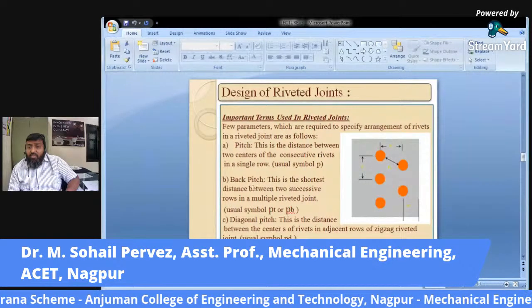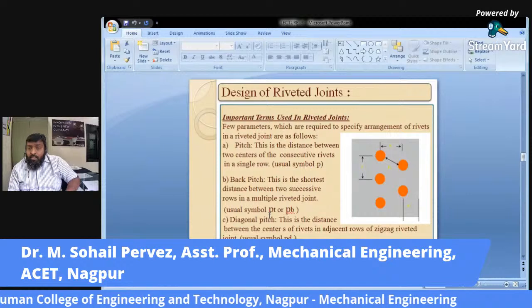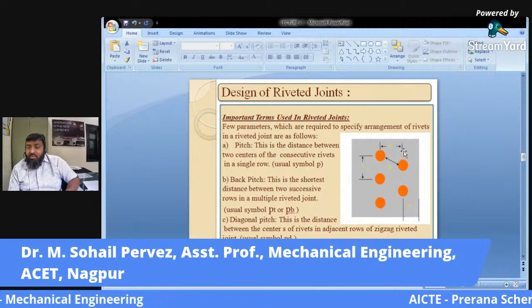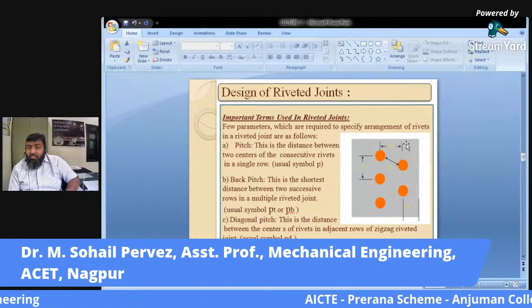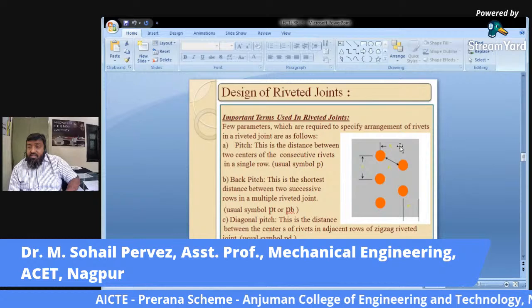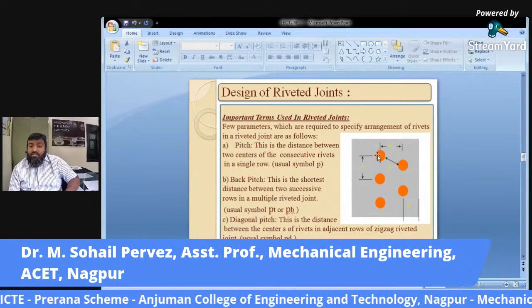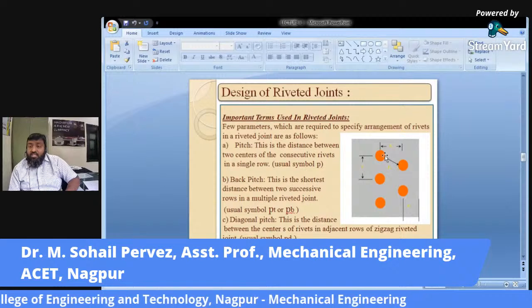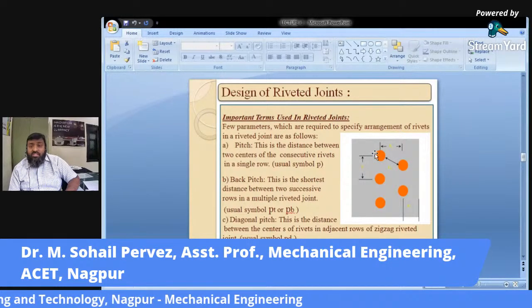Next is back pitch. Back pitch is the shortest distance between two successive rows, that's why PB. So PB is the distance. The third one is diagonal pitch, the diagonal distance between two rivets.